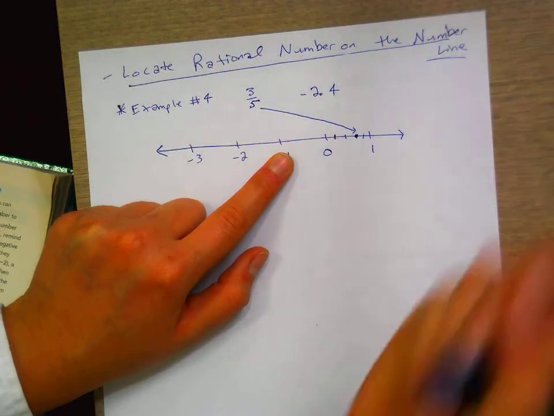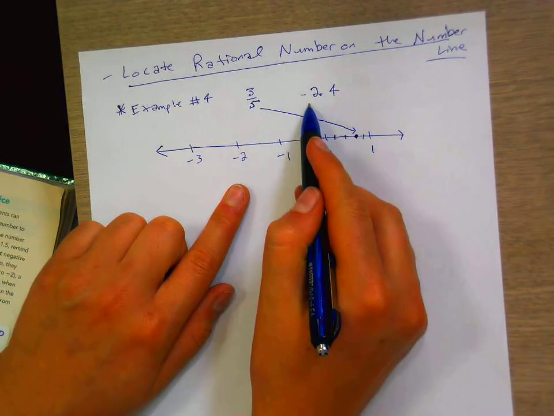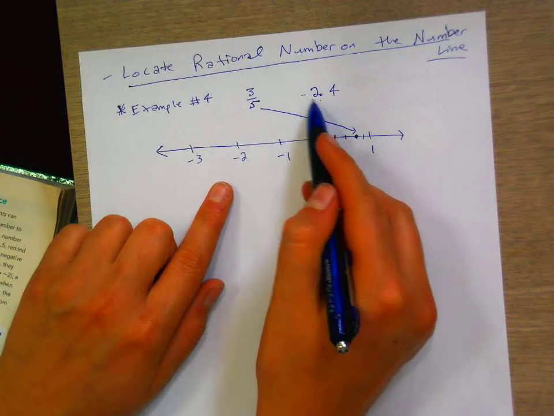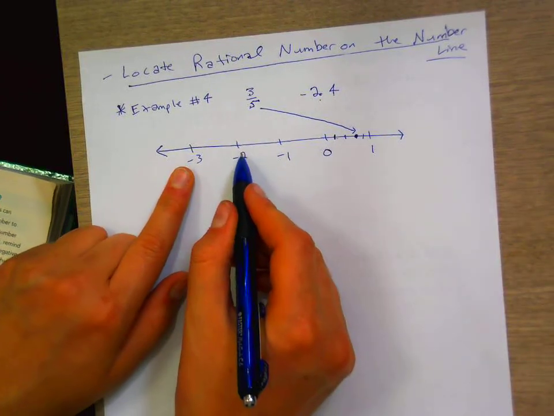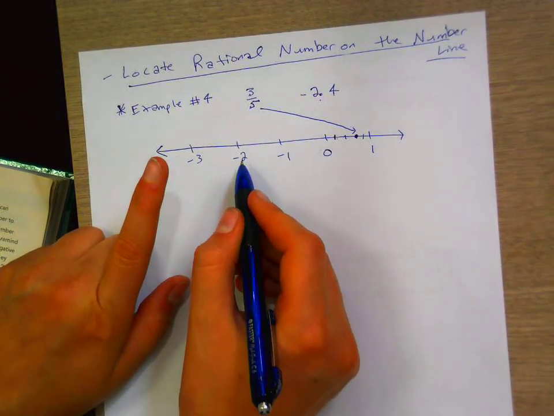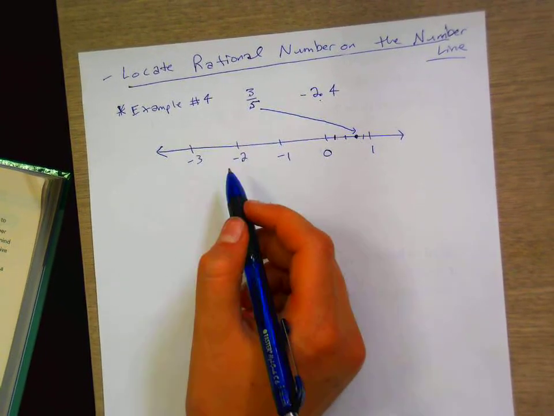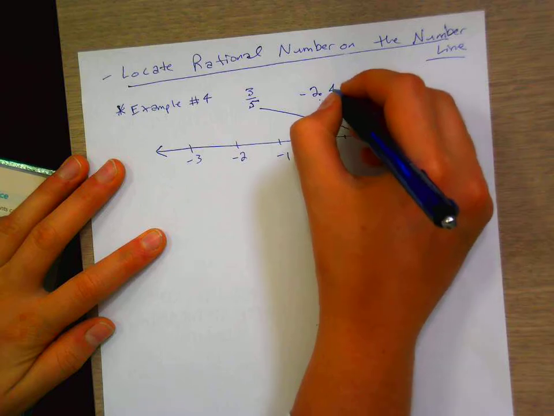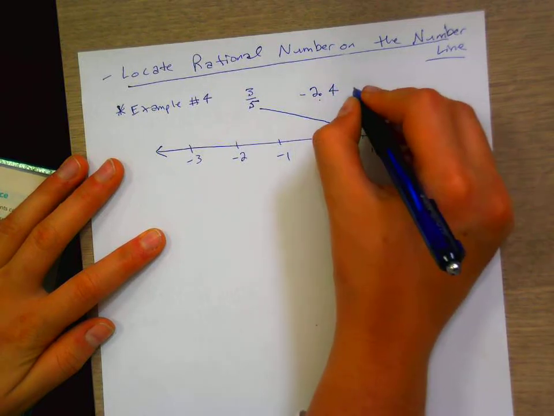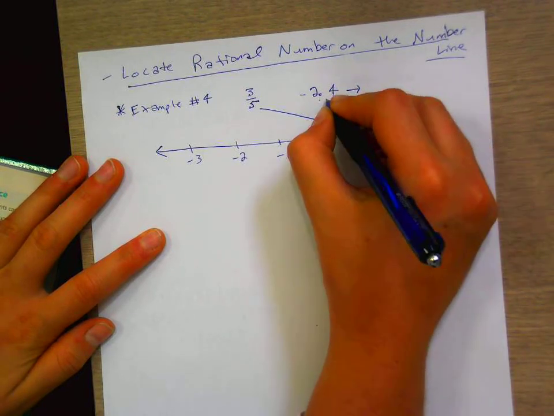Negative 2.4 will be located between negative 2 and negative 3. Now to find how many segments we should divide this into, we can turn this 0.4 into a fraction. Since it's in the tenths place, we can turn it into 4/10.